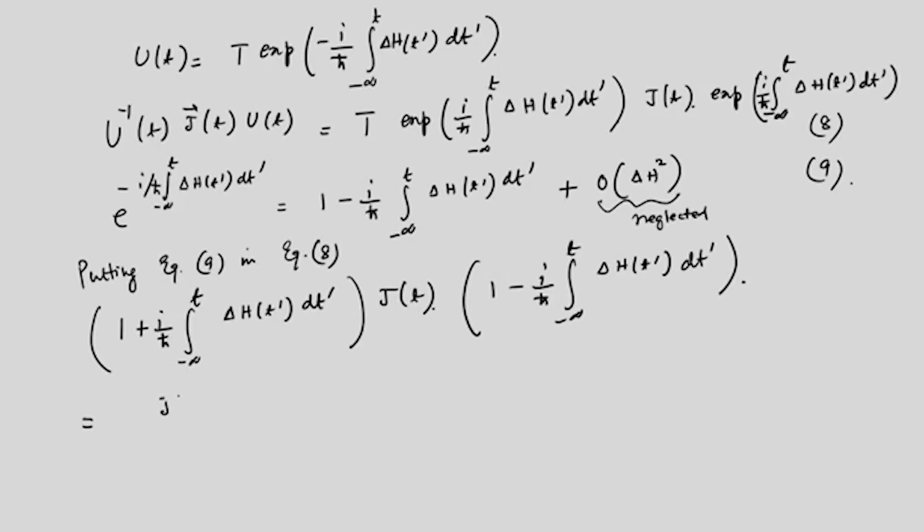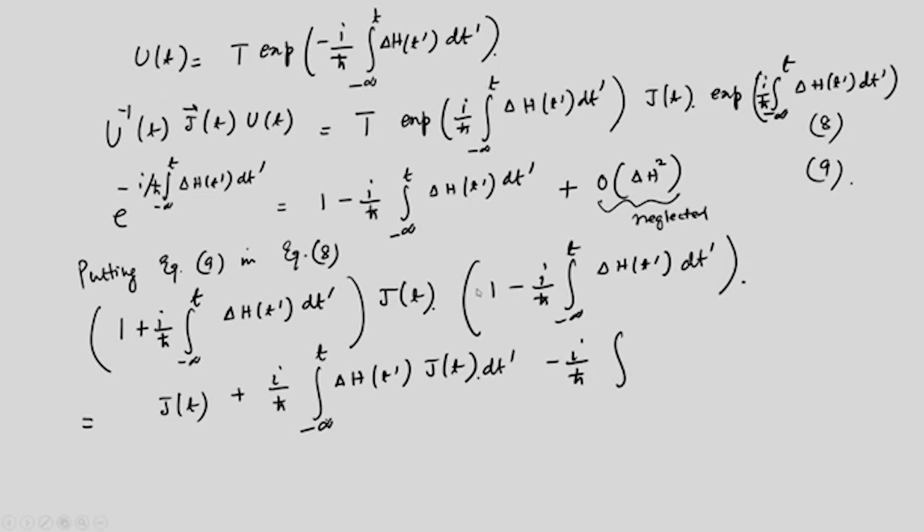So, this will be simply J(t), that is 1 J(t) 1, and then the second term will be I by h cross, integral from minus infinity to t of delta H(t') J(t). Of course, you have to write dt' there, and then the next term will come with a minus sign, I by h cross, that is 1 J(t) and the term that is there.